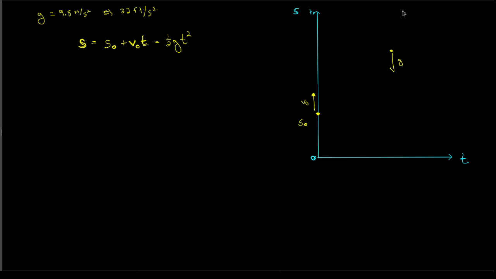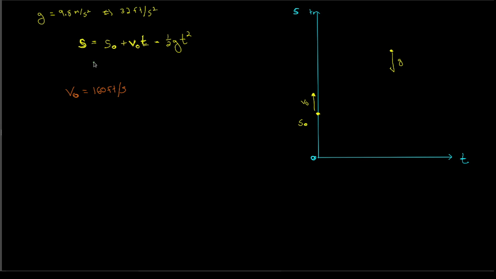Your book says a dynamite blast blows a heavy rock straight up with a launch velocity of 160 feet per second. So we have a big boom and we get an upward velocity of 160 feet per second. It reaches a height after t seconds.